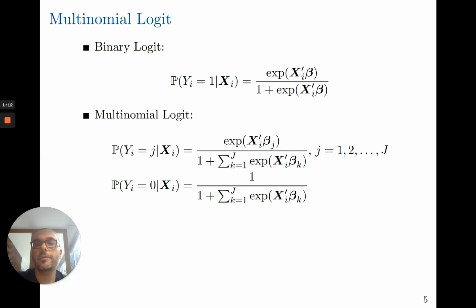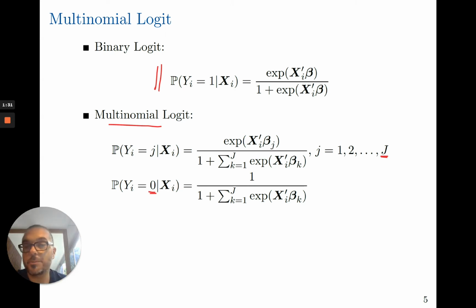So the binary logit is that expression on the top. What we are going to look at is the multinomial logit. Now we have J classes plus the baseline one, 0.